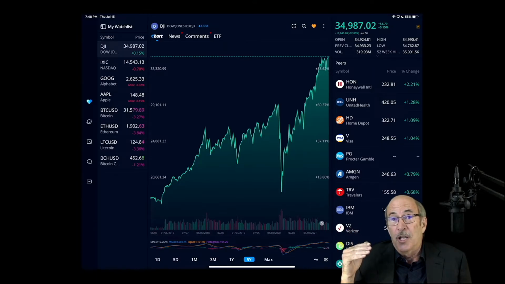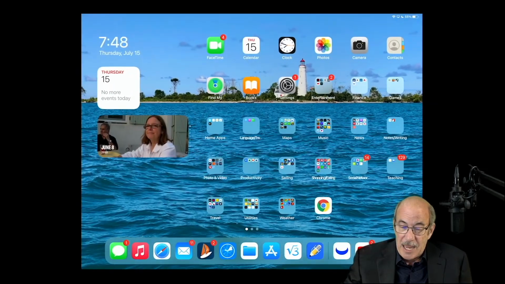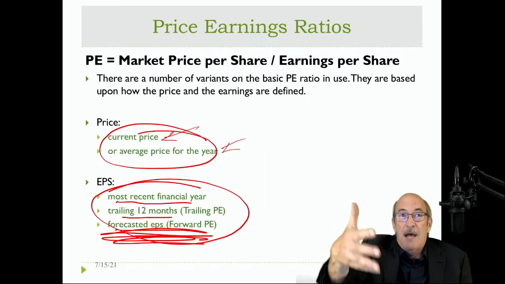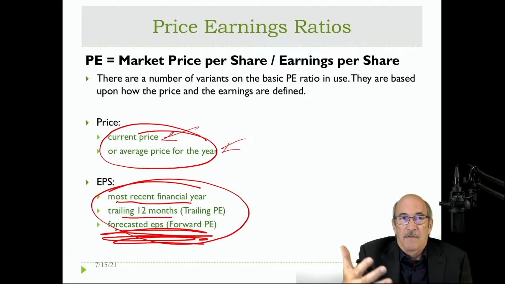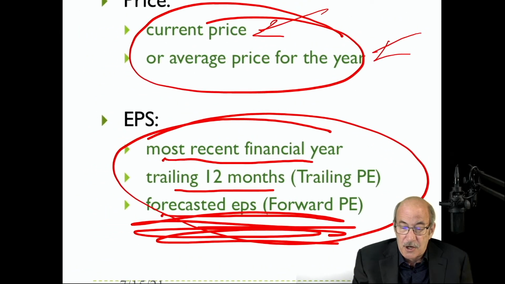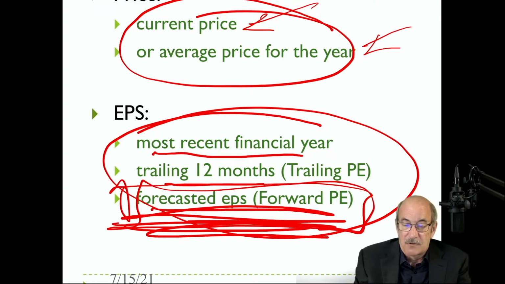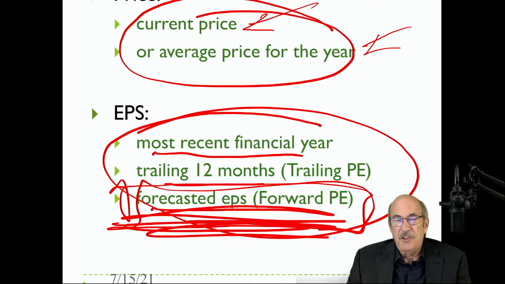So those earnings are going to be better in the future. And if the market is actually looking at what's happening over the next 12 or 24 months, then the correct measure is this forecasted EPS, not the historical stuff.